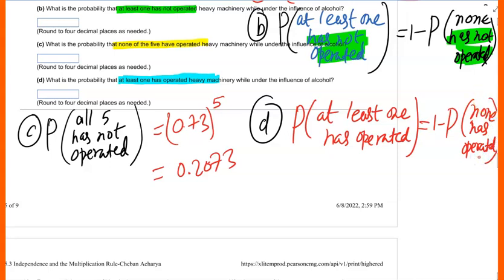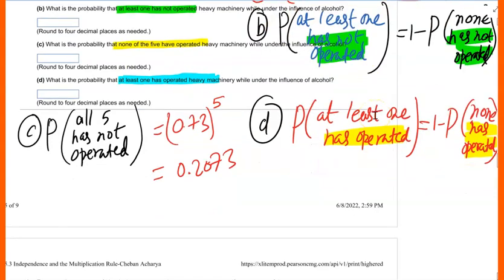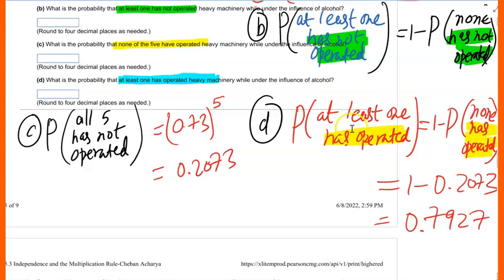Again, as you know from question number 11, at least one has operated is the same as 1 minus the probability of none has operated. What's the probability of none has operated under influence of alcohol? We found in part C, none of the 5 have operated, which is 0.2073. So it's going to be 1 minus 0.2073. That gives you 0.9727. Okay, that's the answer for part D.